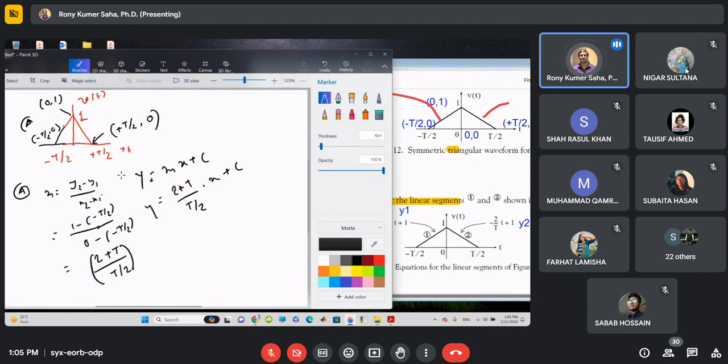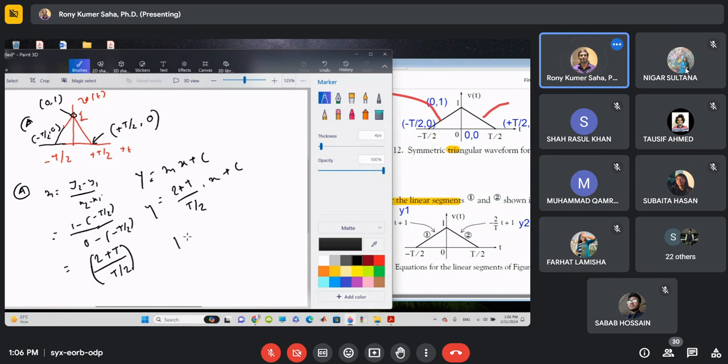Here y is basically b and x is basically t, right? So you can consider any point, since we have already defined two points, maybe you can use either of these two.